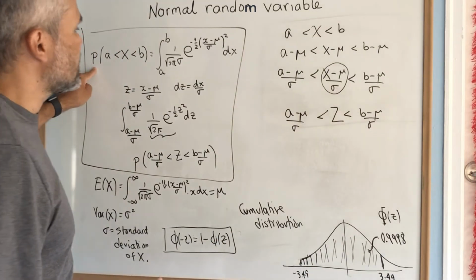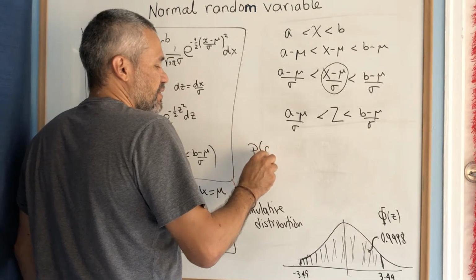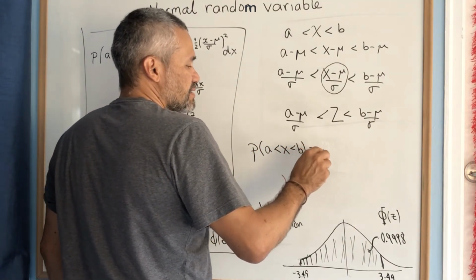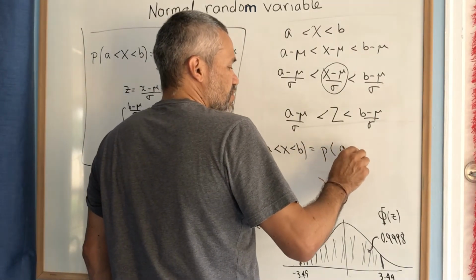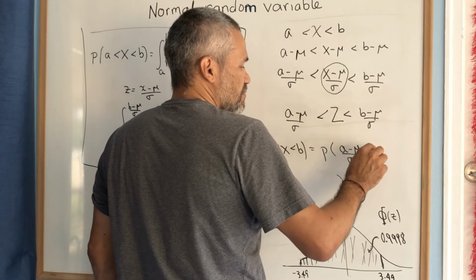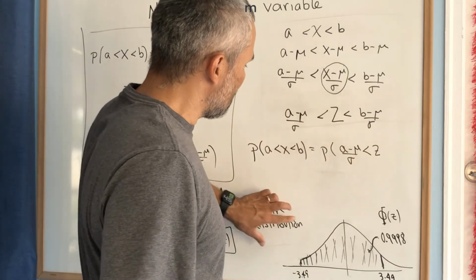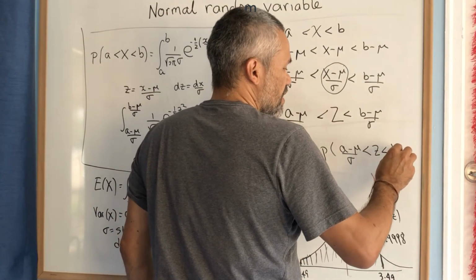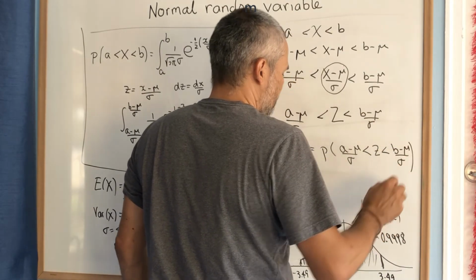Let me repeat it: the probability of A smaller than X smaller than B is just the probability that the standard normal random variable, which is the one that we can get from the table, is between A minus mu over sigma and B minus mu over sigma.